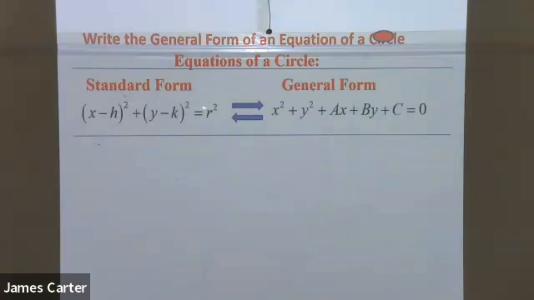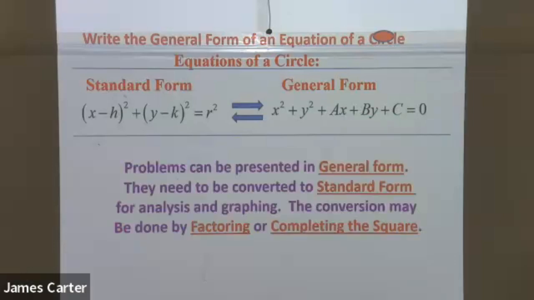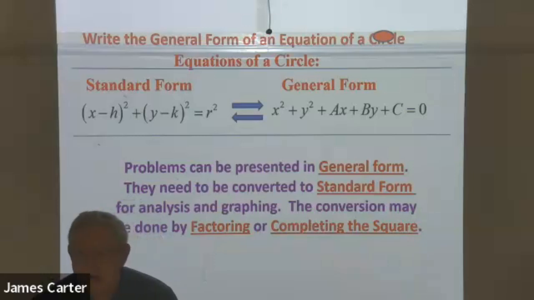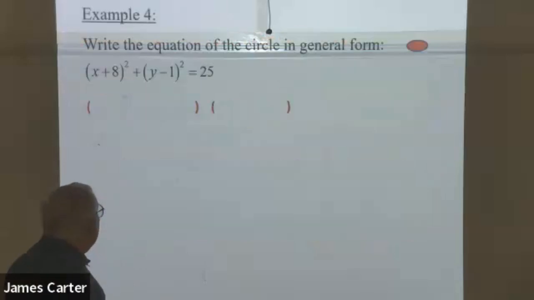Okay, you can go. Okay, this right here, you notice I've got that spot up here. We don't have to do this, but you can. You can multiply this out and you can multiply that out and combine like terms, and it'll end up like that kind of every time. This is in general form. This is in standard form, and you can be doing it by factoring or something called completing the square, which we are not required to do any longer, fortunately, because it's a pain in the rear.